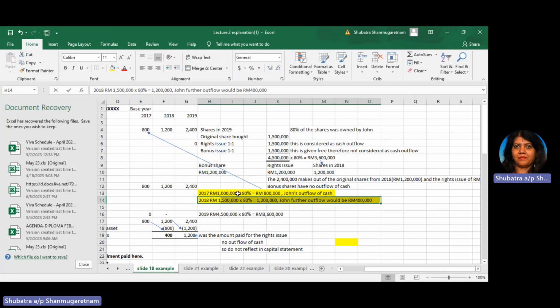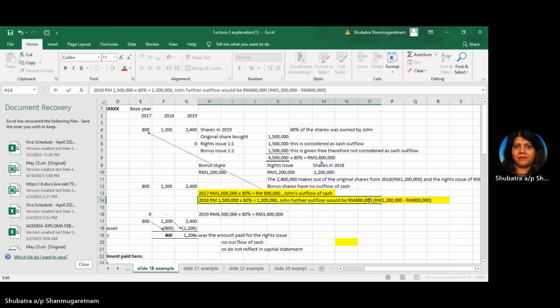But guys, please understand that the 1.2 million includes the 800,000 that he already owns in 2017. So what he actually bought is 400,000 of further shares. So in 2018, there was an outflow of an additional 400,000 by Mr. John to buy the shares.